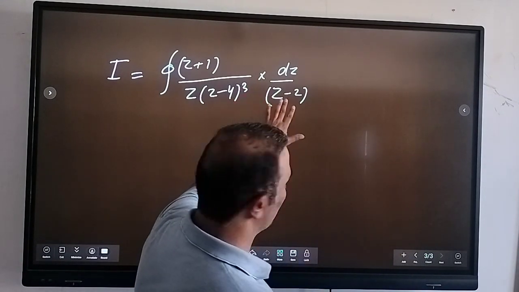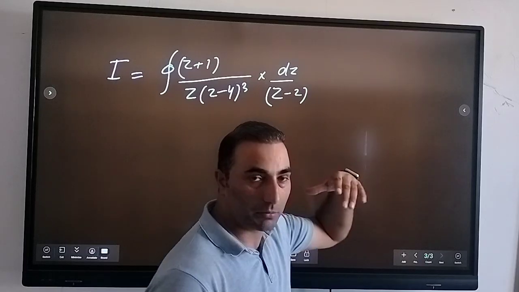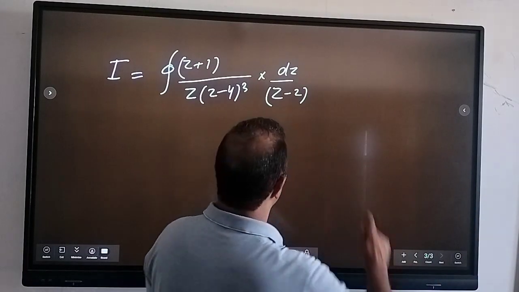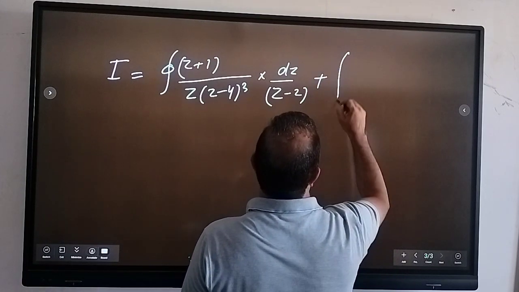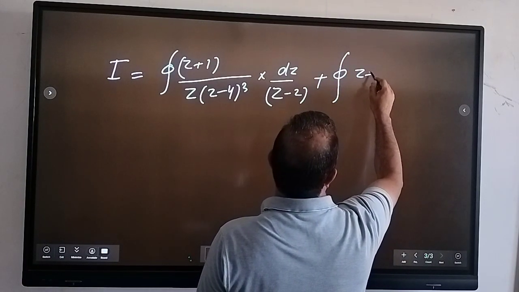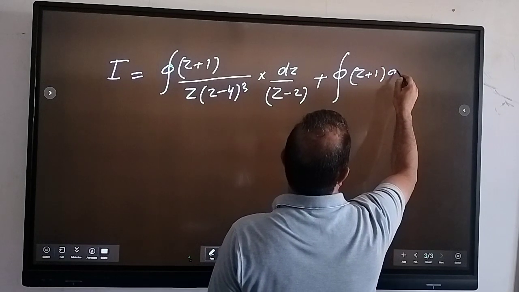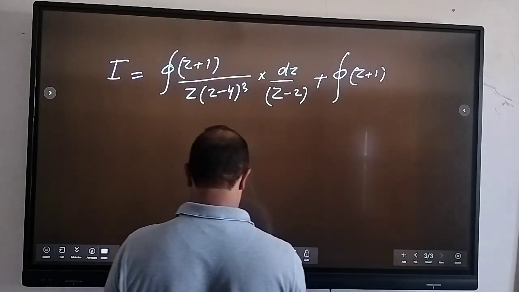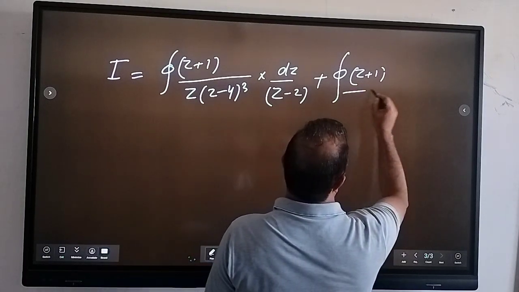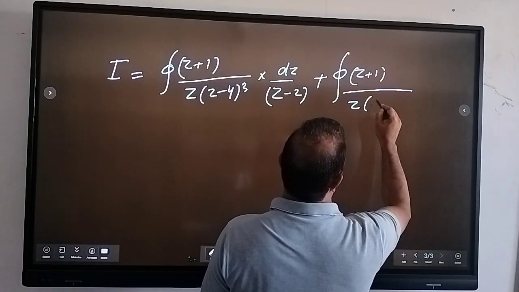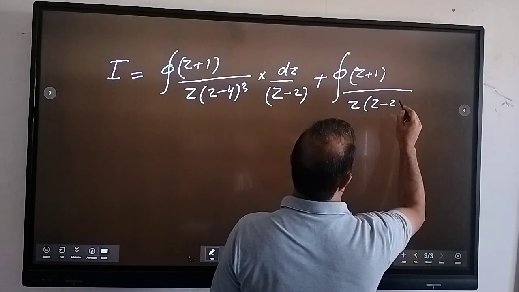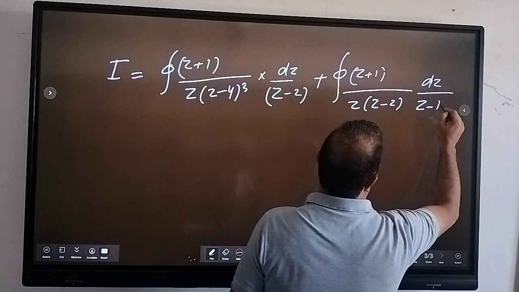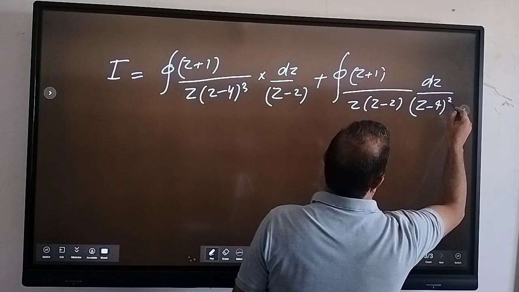And plus, first we choose z equal to 2, and similarly we can choose z equal to 4 also, and then z equal to 0. So second is the closed integral of z plus 1 divided by, okay.